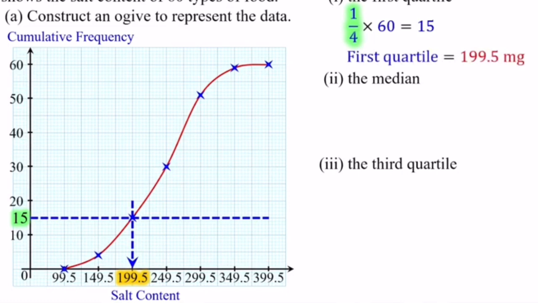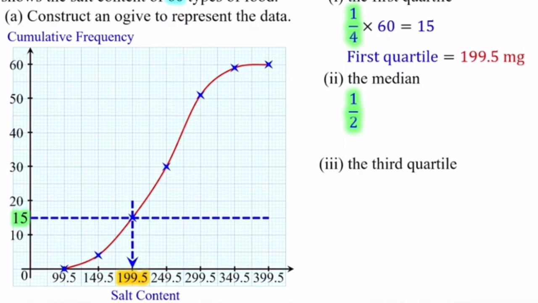The median is defined as 50% of the sample, or we can say 1/2 times the n. N is 60. So you take 1/2 times 60, so you get 30, right? 60 is the total sample.